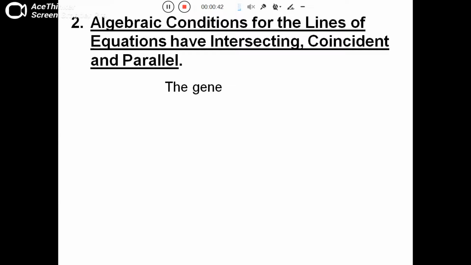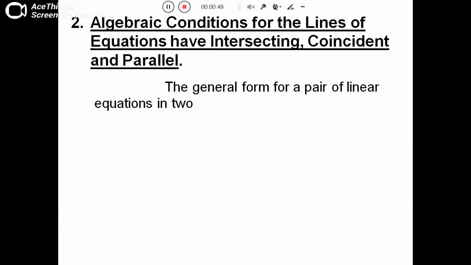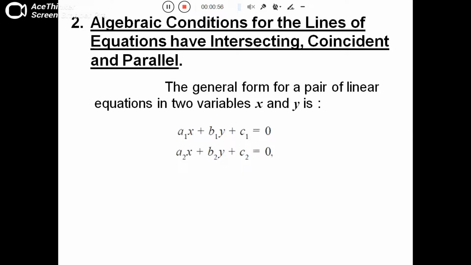Okay, so as you know, the general form of a pair of linear equations in two variables x and y is given as a1x + b1y + c1 = 0, which is equation number 1, and a2x + b2y + c2 = 0, which is equation number 2. So in equation number 1, a1 is the coefficient of x, b1 is the coefficient of y, and c1 is the constant term.